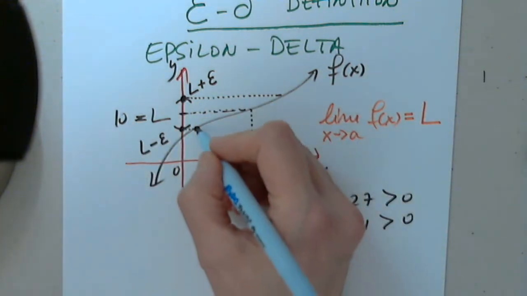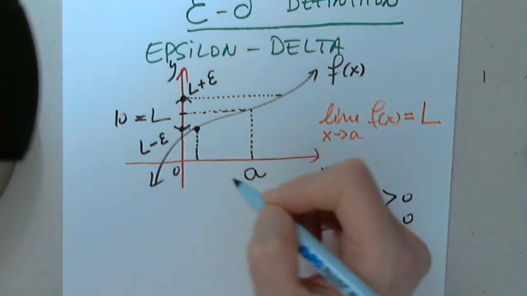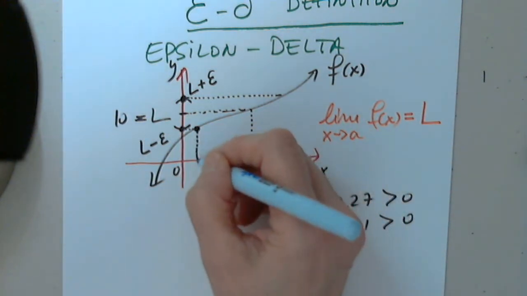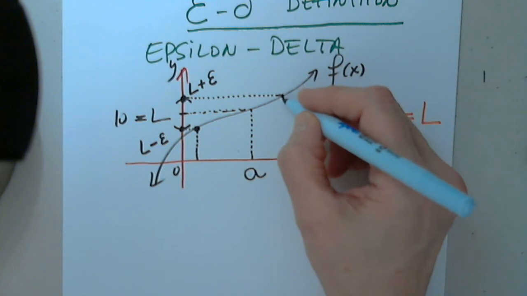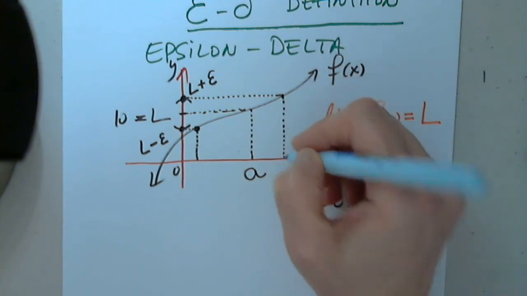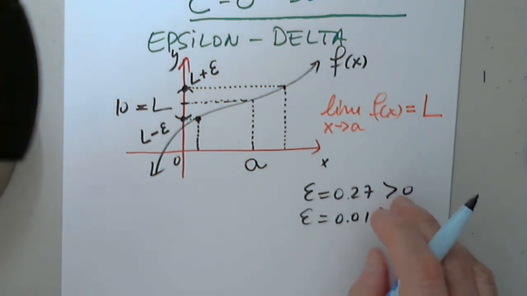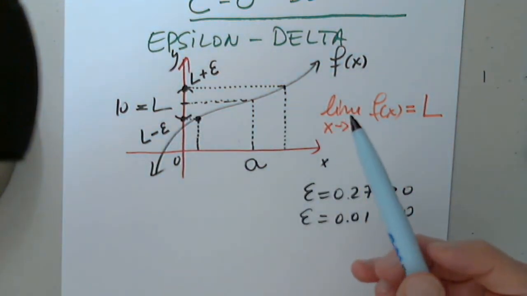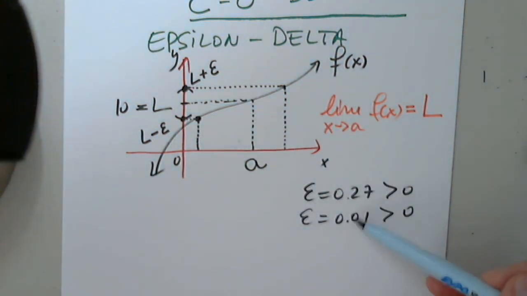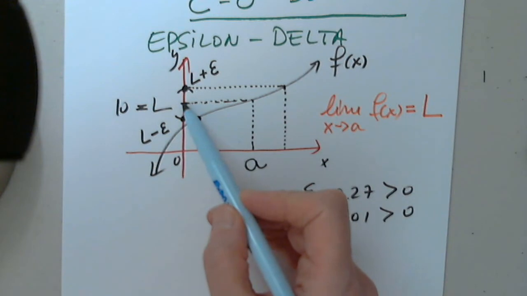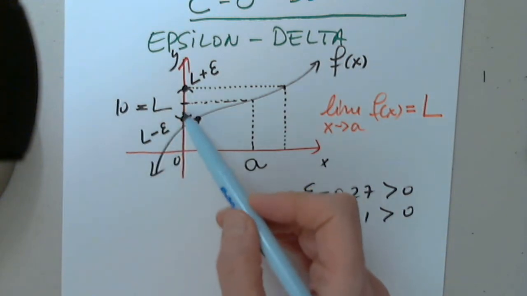you see these horizontal lines meet the function somewhere. I come down with a vertical line from that point, come down with a vertical line from this point. So this happens for any epsilon, any number near 10 plus or minus that number.